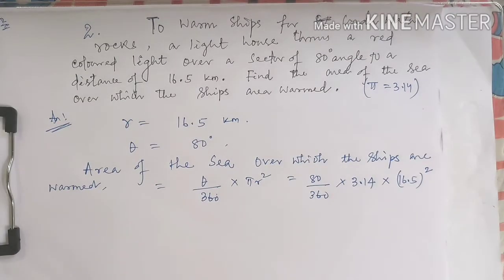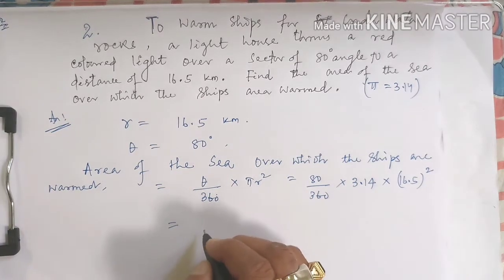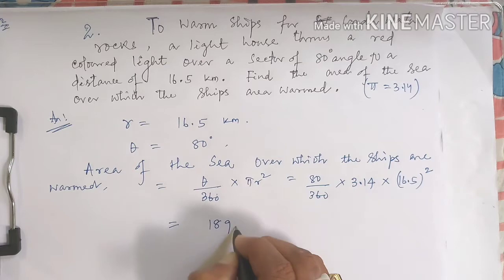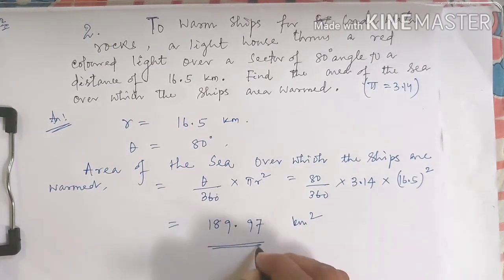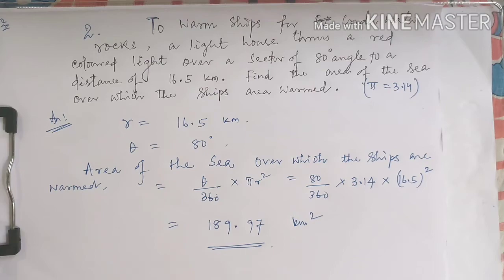Clear? After simplification you will get the value 189.97 square kilometer.